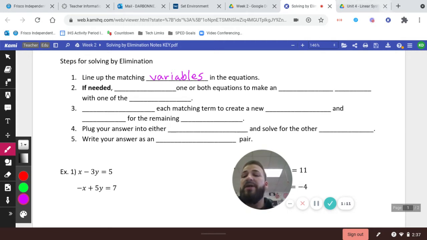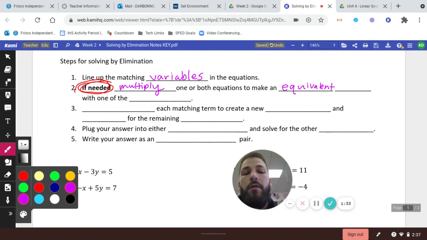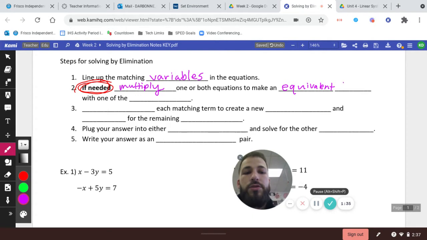Okay, step two. Something important to know about step two is we only do it if needed. If needed, we're going to multiply one or both of the equations to make an equivalent term with one of the variables.